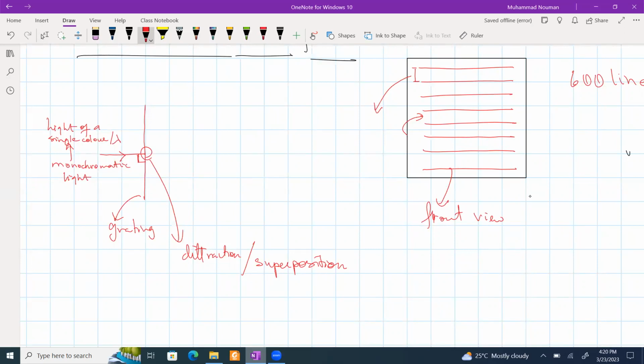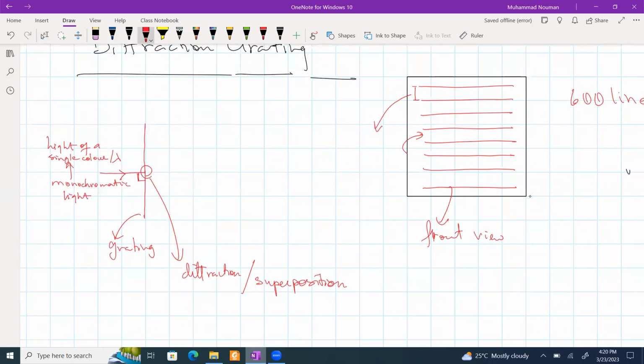So, the very first bright light we obtained here is exactly in the direction of the incident light. And that order is called zero order maxima.